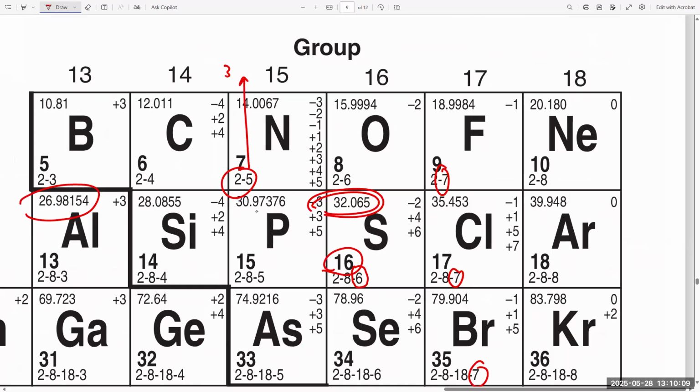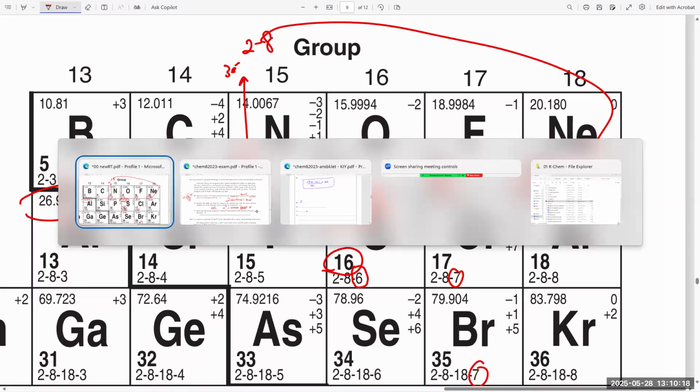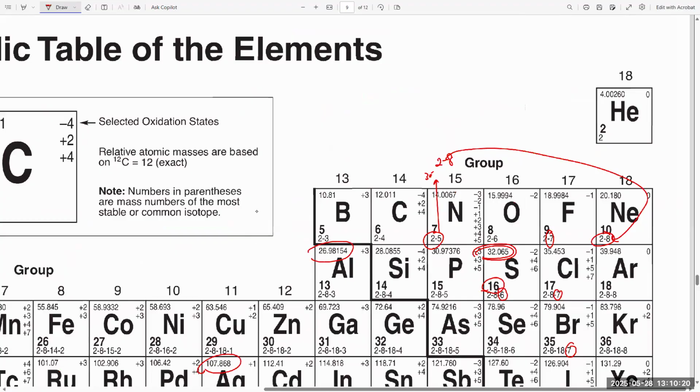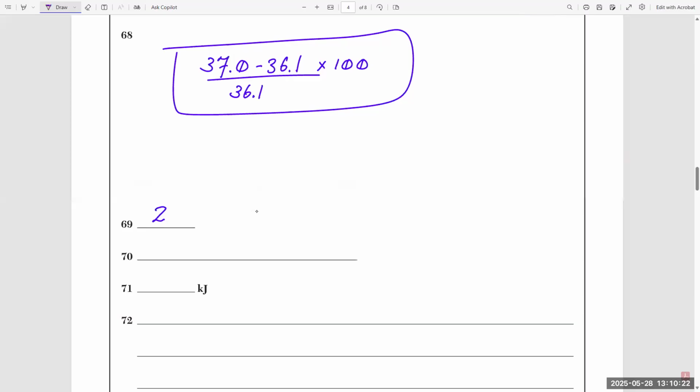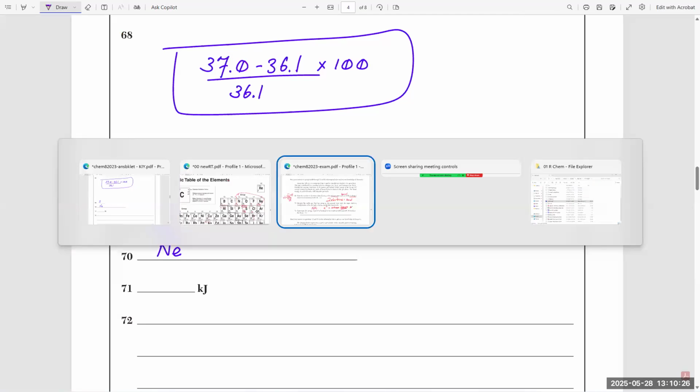Gaining 3 electrons will give you 2-8, right? Who's that? That's neon, right? And neon is a noble gas, isn't it? So the answer is neon.